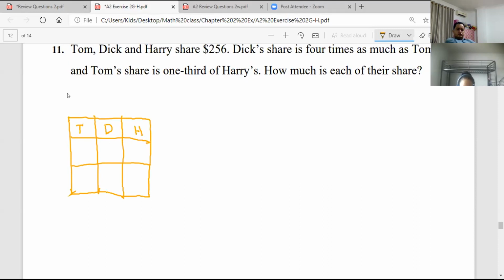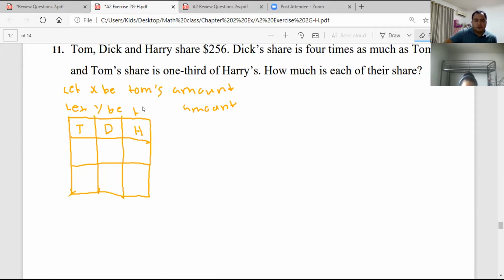Let x be... let y be... No, Shahina, why are you using two variables?